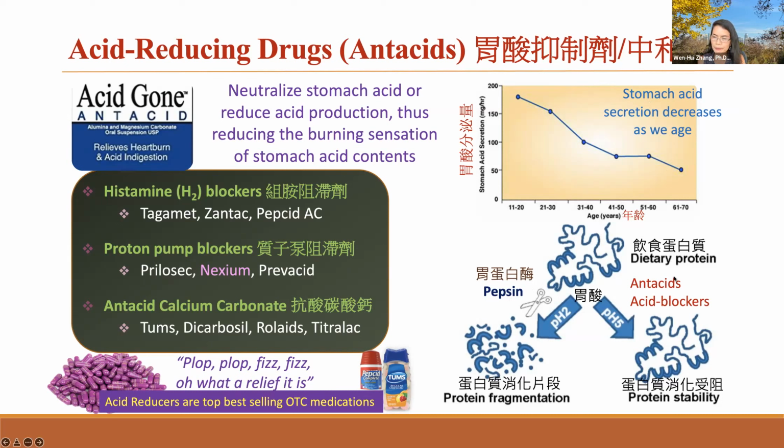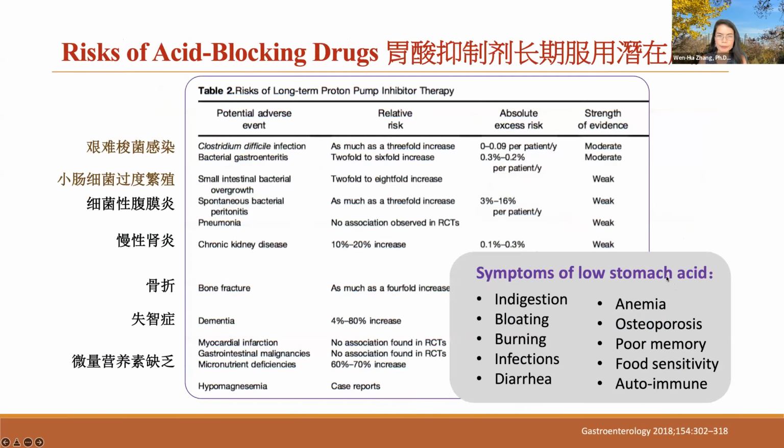And if we have a high pH, after the antacids and acid blockers, then the pH is raised. So the protein digestion is actually inhibited, and the food proteins cannot be fully digested.